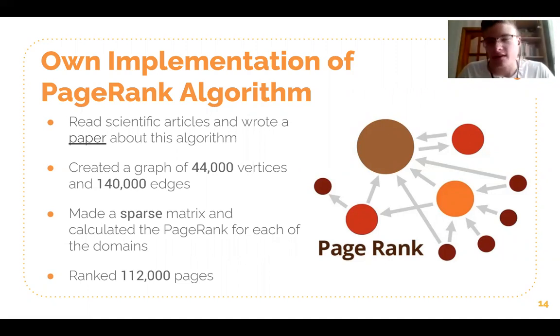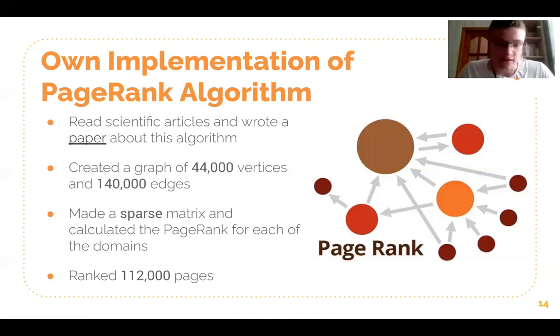So we decided to create it as a part of our semester project for the linear algebra course. So we read scientific articles and wrote a paper about this algorithm. And you can find a link to this paper on this slide in our presentation.